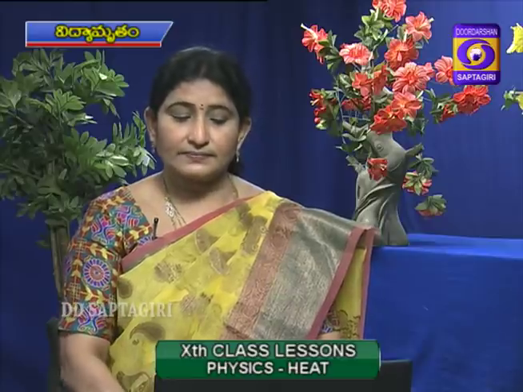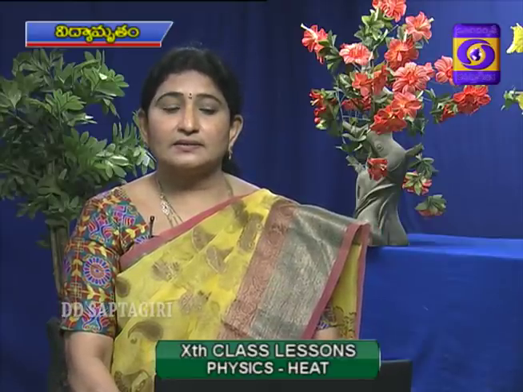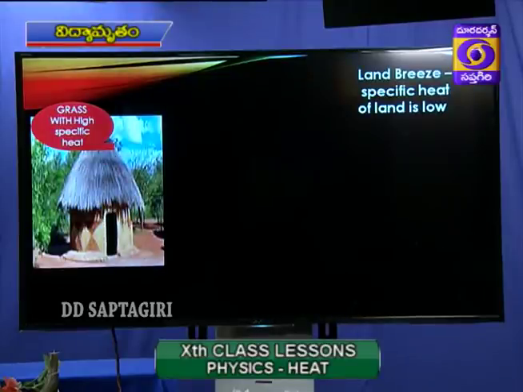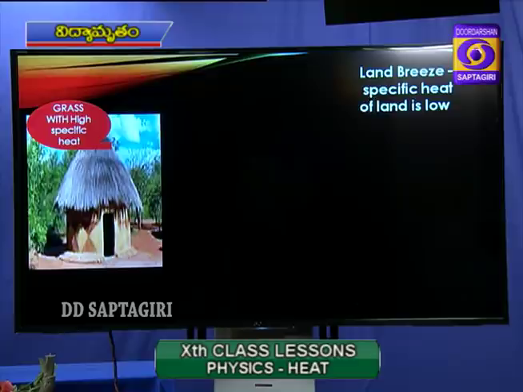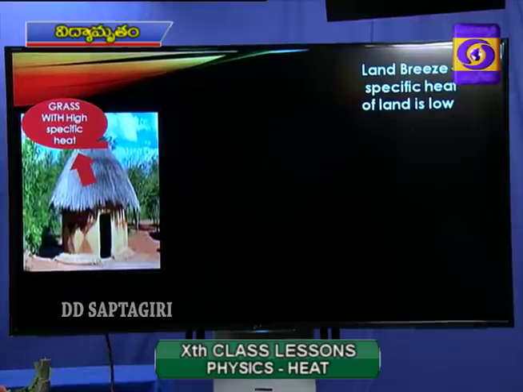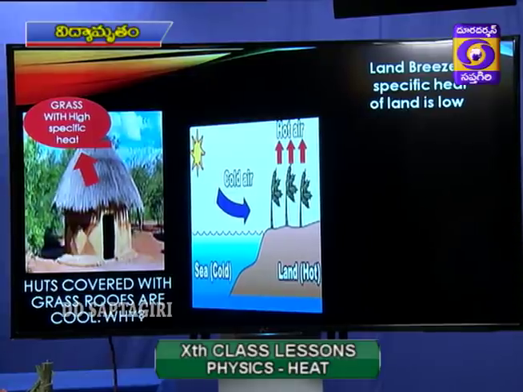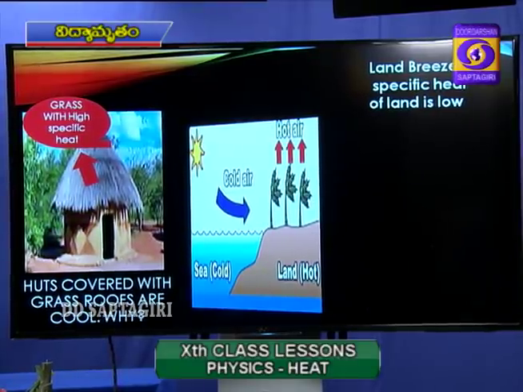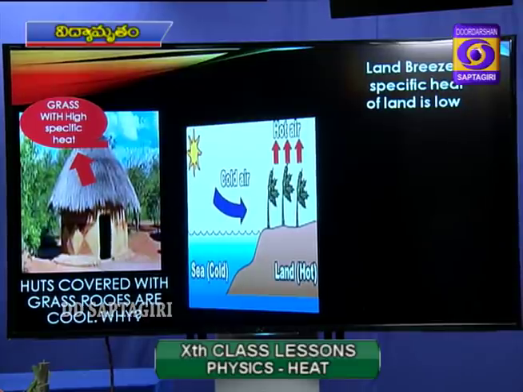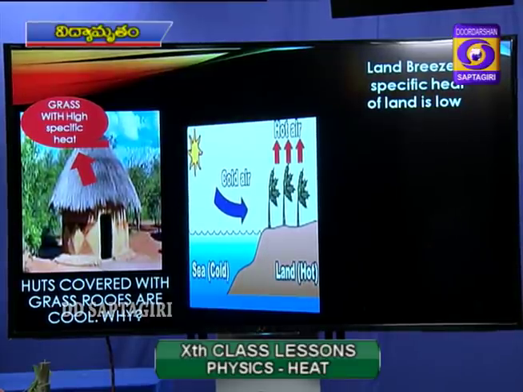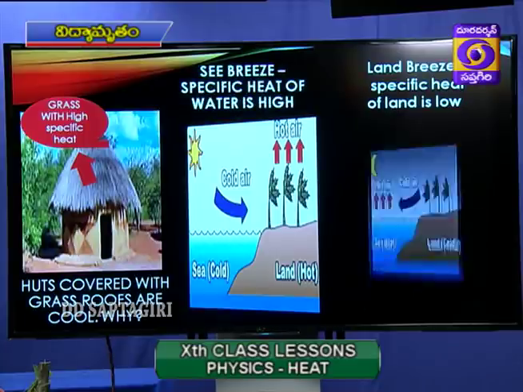Let us see here. Here we can see the grass house. Why are grass houses very cool in summer? They will ask you like that, no? Then we can tell the grass will have high specific heat. Also they will ask you why, when we are living in the coastal area or in the sea areas or river areas, we feel coolness during summer, and in the winter and at night time why we feel hotness.